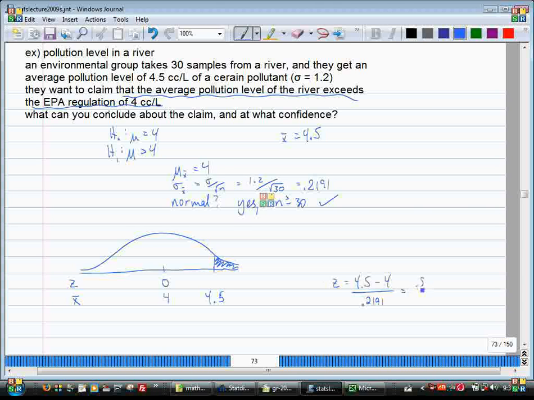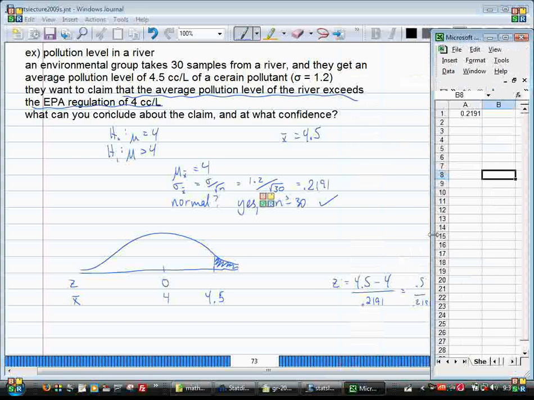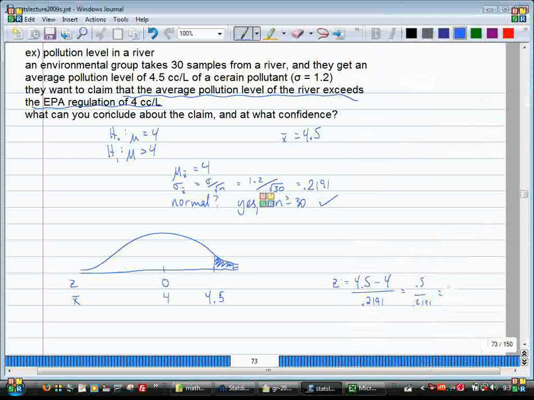And let's figure out what that is. 2.2821. So there's the z-score. We could fill that in.